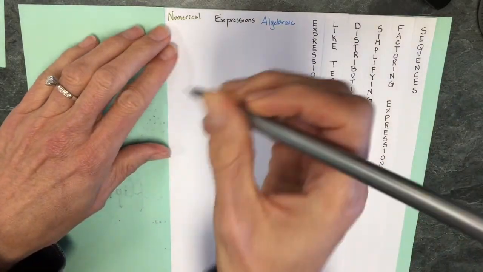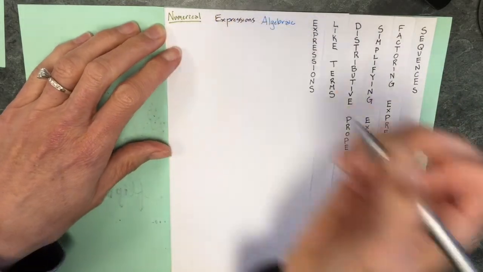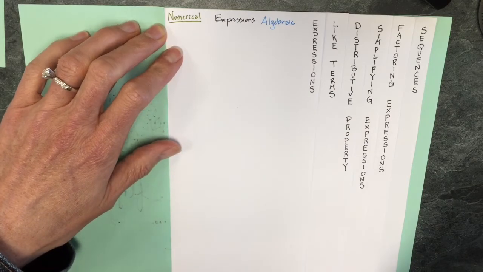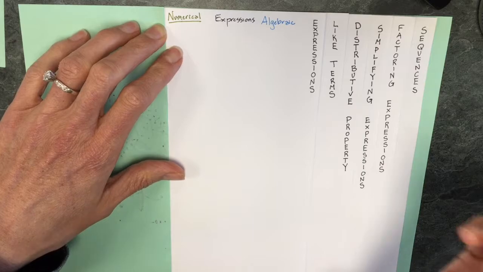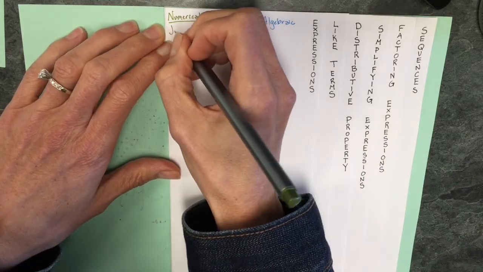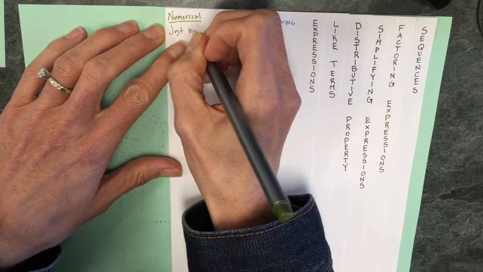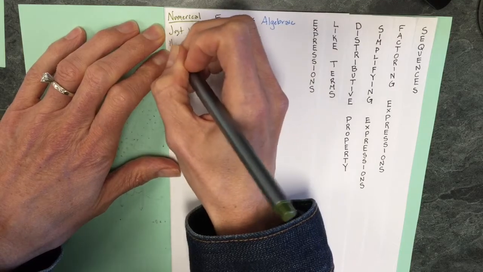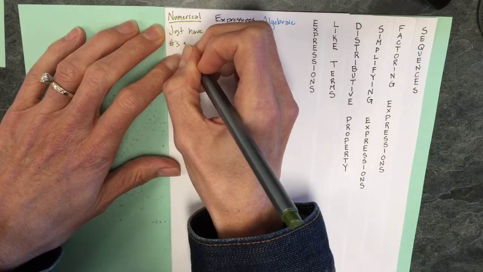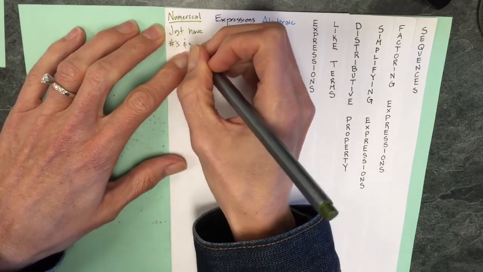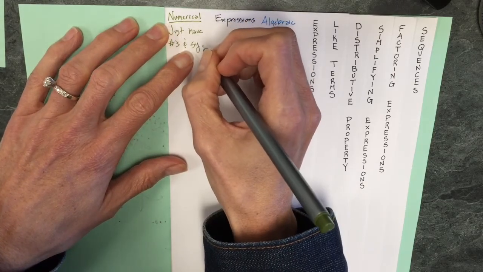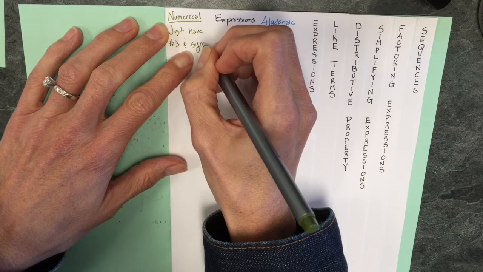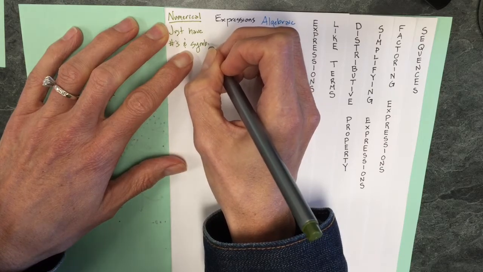Numerical expressions are math sentences that just have numbers and operation symbols, like addition, subtraction, multiplication, division.